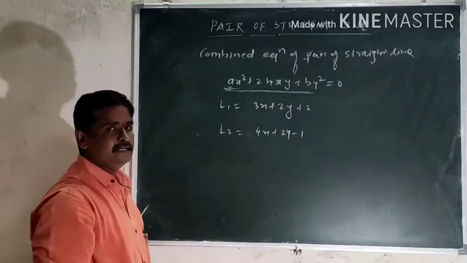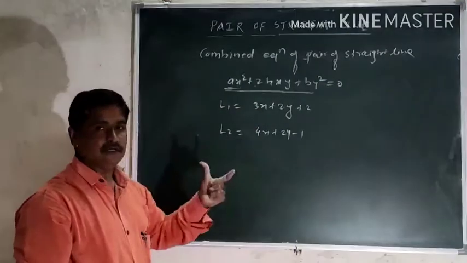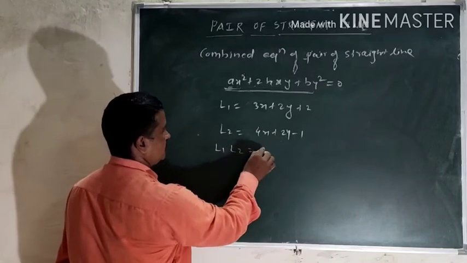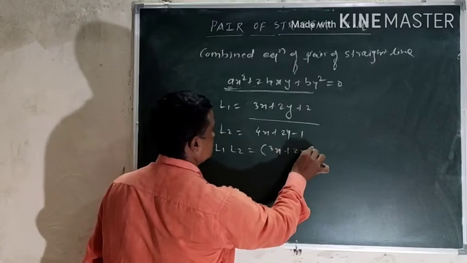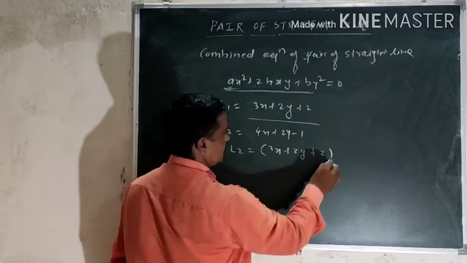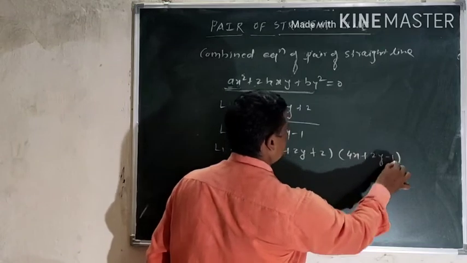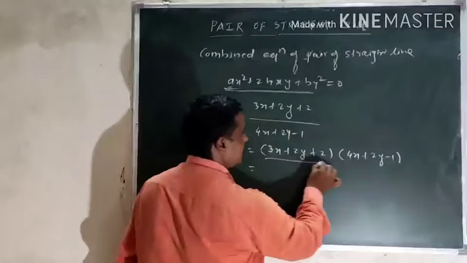If L1 and L2 are two lines and we have to find the combined equation of the straight lines, we have to calculate L1 into L2. That means (3x plus 2y plus 2) into (4x plus 2y minus 1). Simply multiply the two brackets.